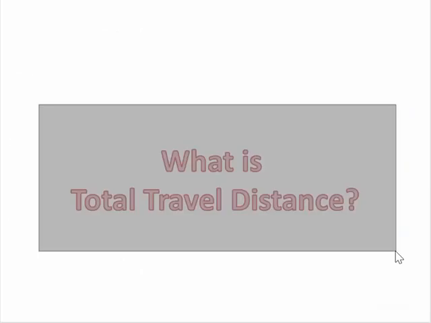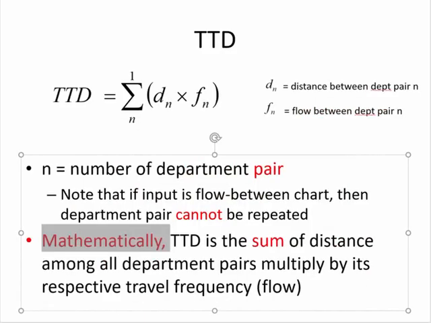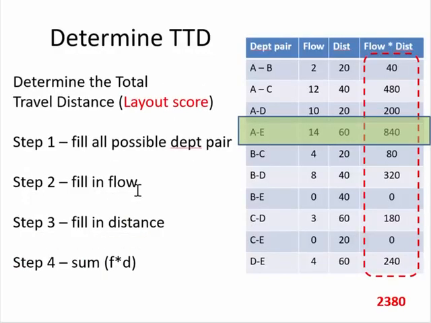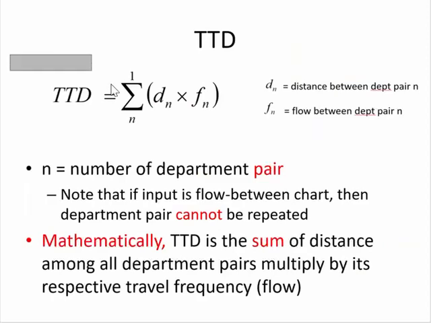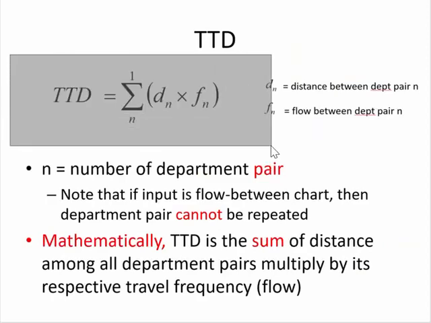However, what is total travel distance? Of course, total travel distance can be explained in two ways. Mathematically, it is basically the distance times the flow for all the departments. That's exactly what you have done in this table. You are following this mathematical formula.